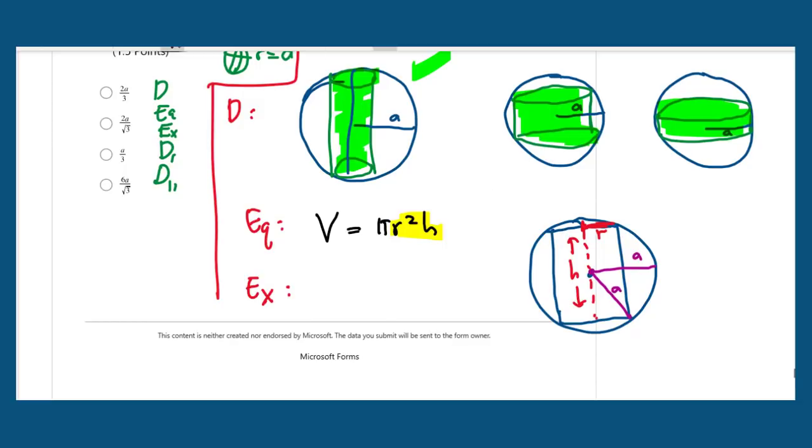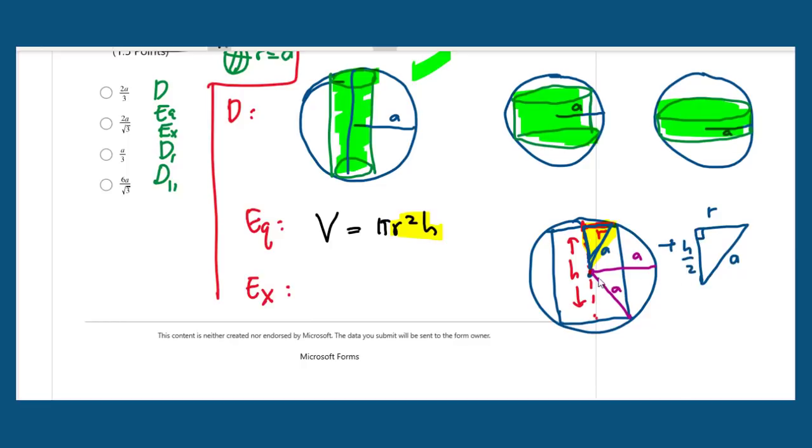So find the connection between these. The triangle here. This one also A. This is the radius for the sphere, A. R for the cylinder.